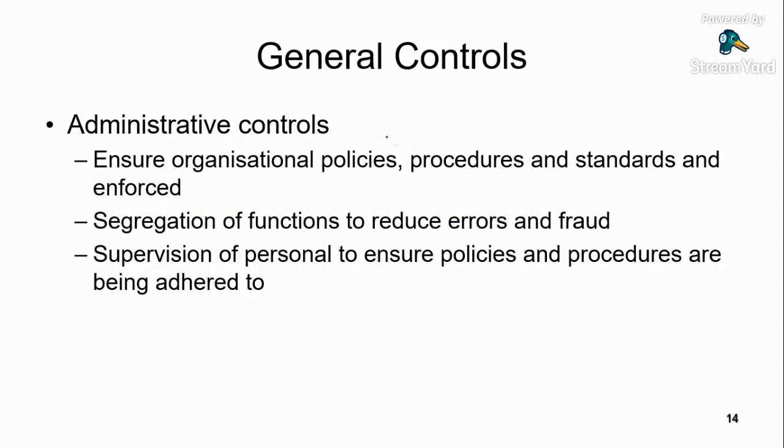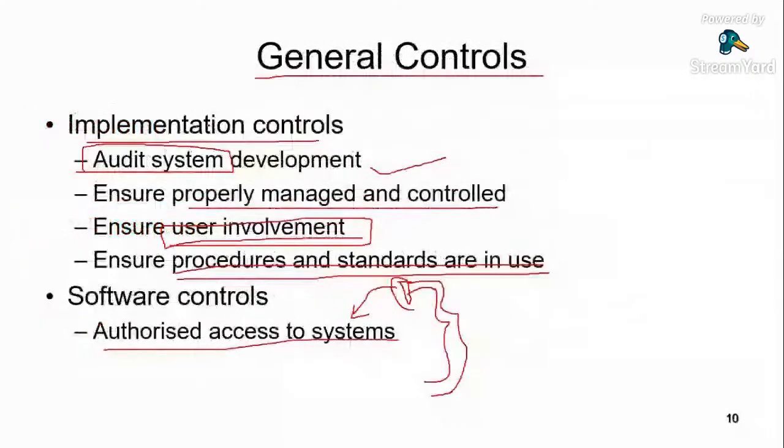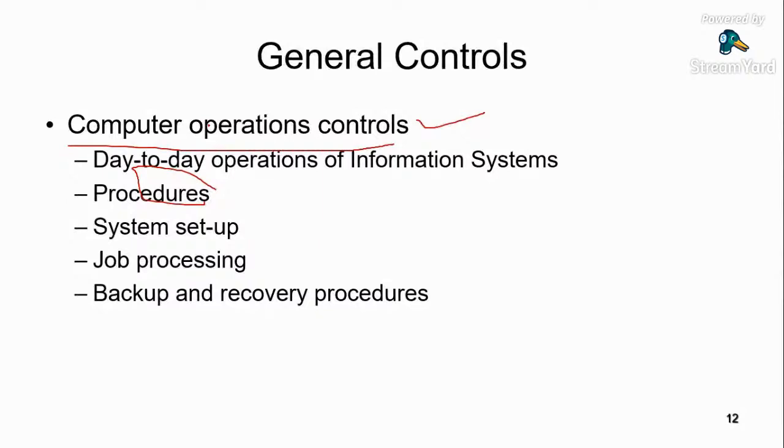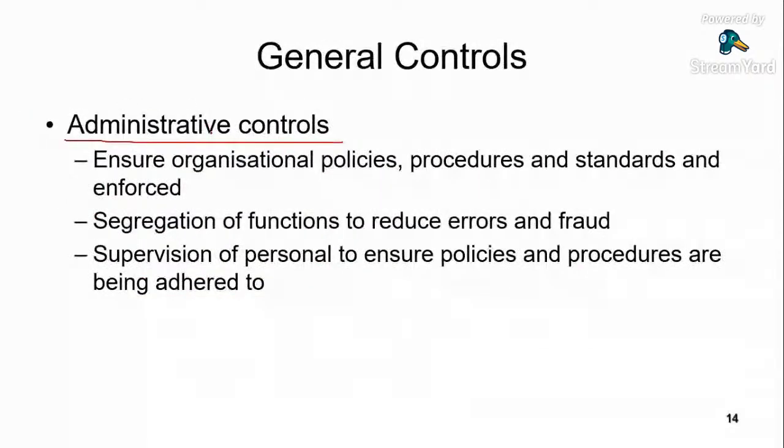Now the administrative controls, this is also part of the general controls. We have seen the different parts: implementation control, hardware control, computer operation control, data security controls, and administrative control. The organizational policies, admins, they control. For example, if you have an Amazon AWS account, it will have one root account, an admin account, and in this root account you can create various users and distribute their username and password under the IAM service, identity access and management service.